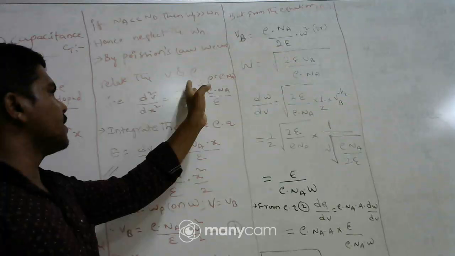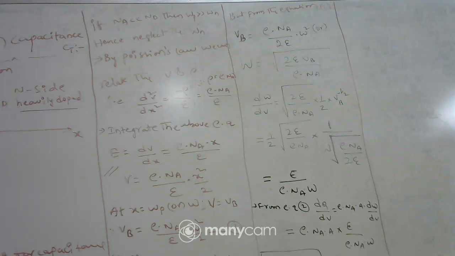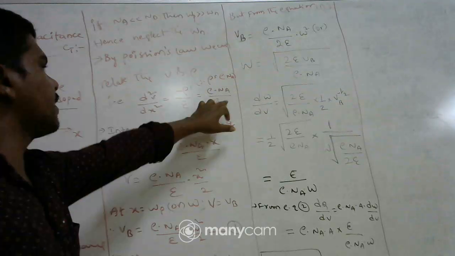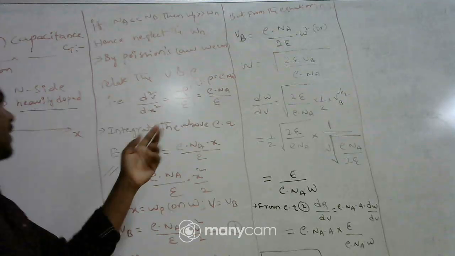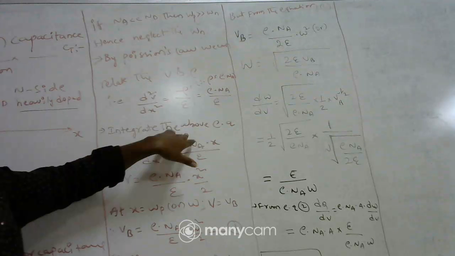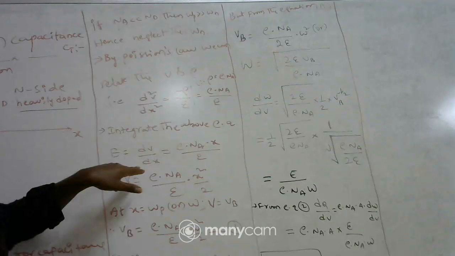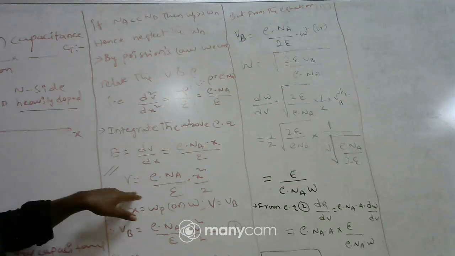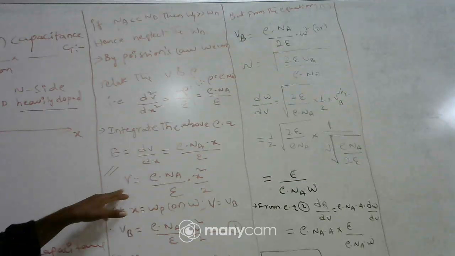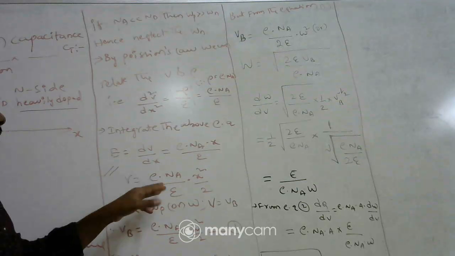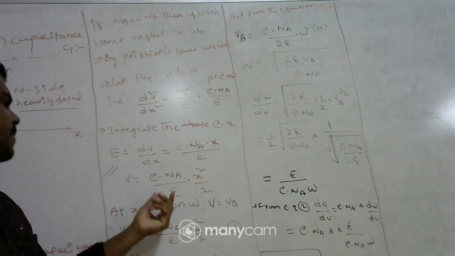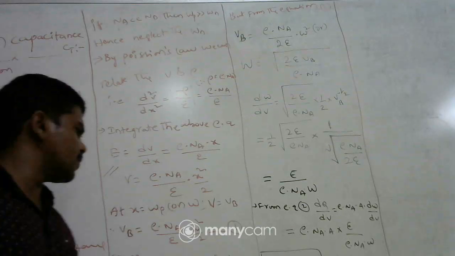Substitute the resistivity formula from this. Finally, apply integration twice to the above equation and you will get V is equal to resistivity times acceptor ions by epsilon times x square by 2.